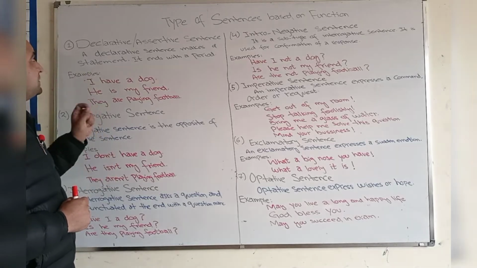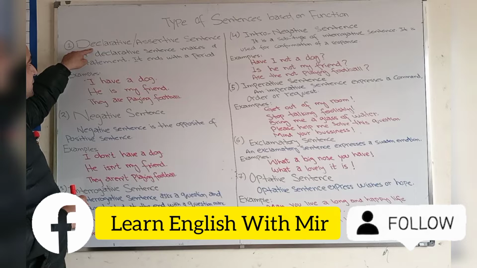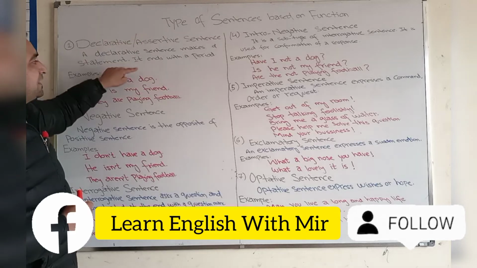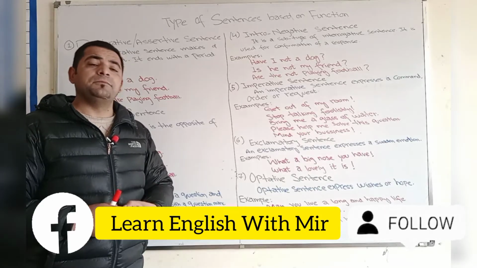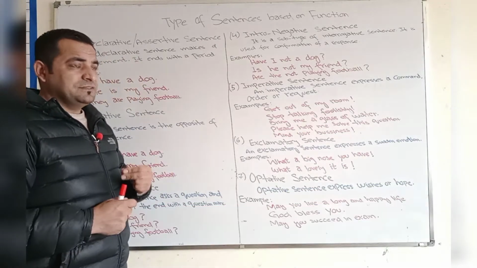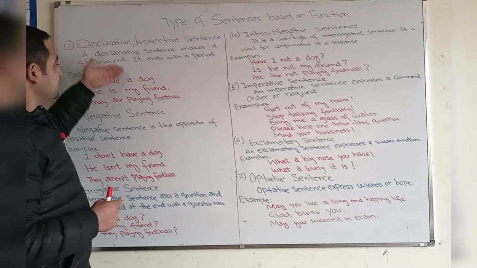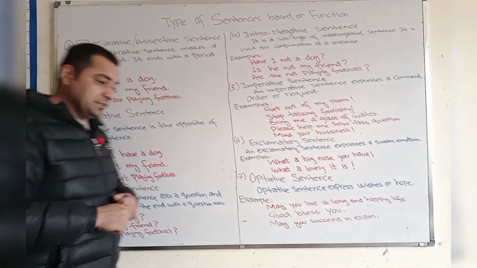So this is the first type of sentence. A declarative sentence is the same as an assertive sentence. The titles are different, but the purpose, the function, is similar. So in English, sometimes it's named a declarative sentence, sometimes an assertive sentence.